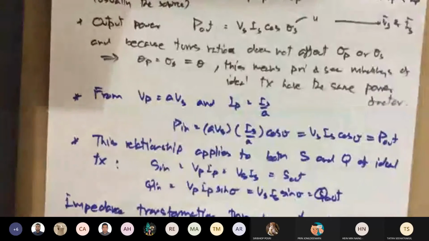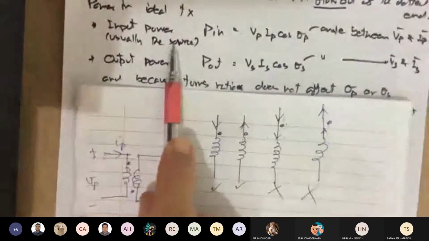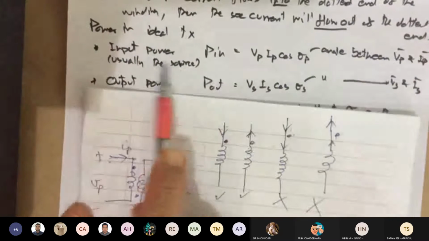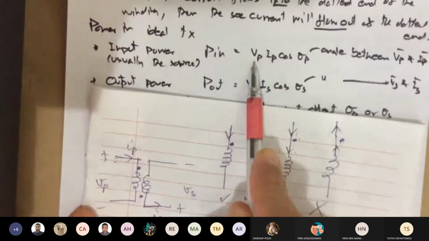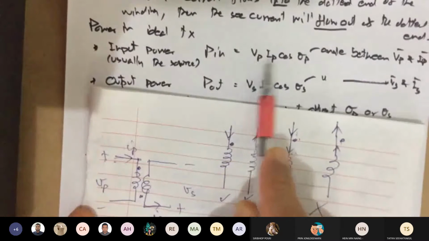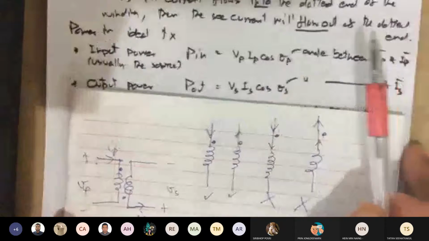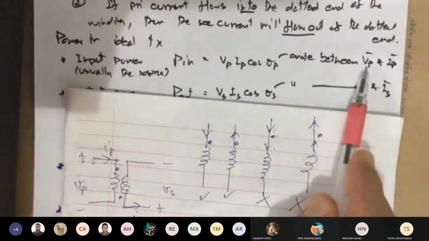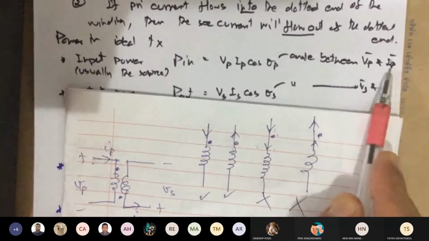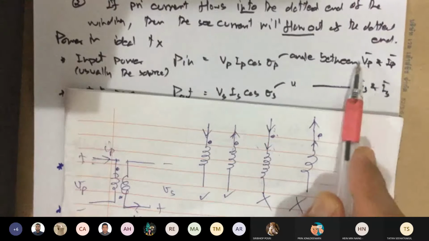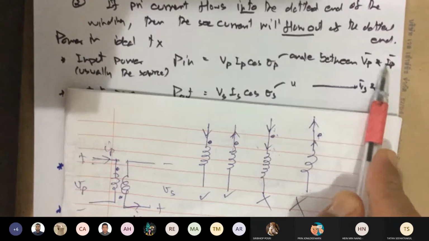Power in an ideal transformer. We talk about that because for an ideal transformer the input is the same as the output. Now we're going to express the input power, which is the primary side. So it's VP, IP, cosine theta P. This is the angle between the primary voltage and primary current phasors.